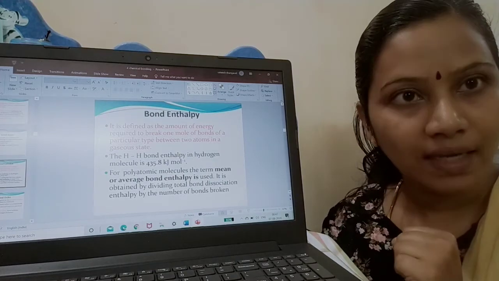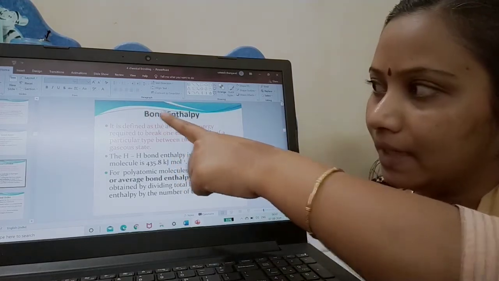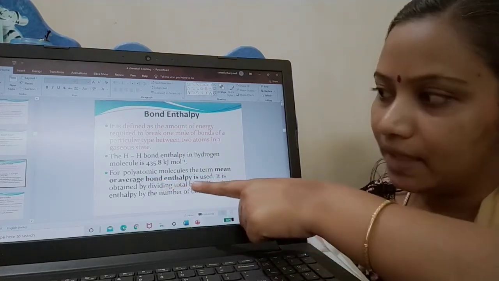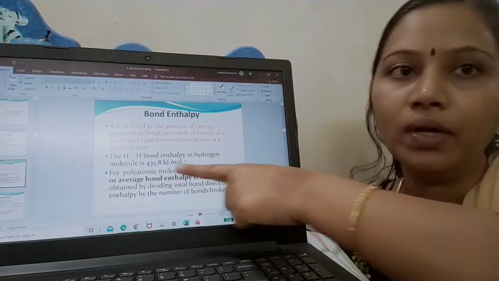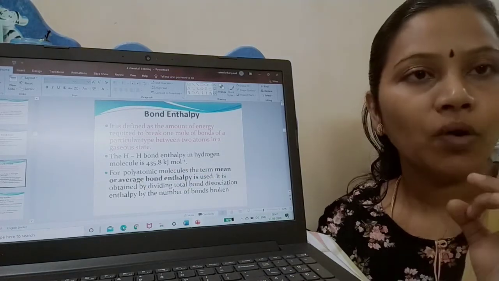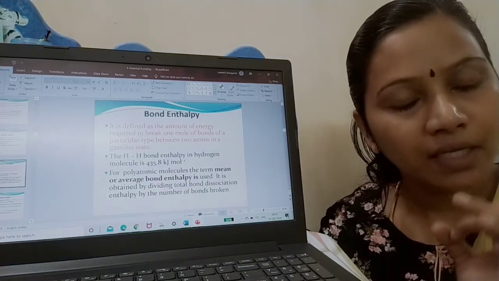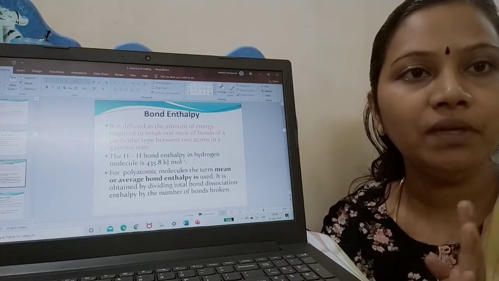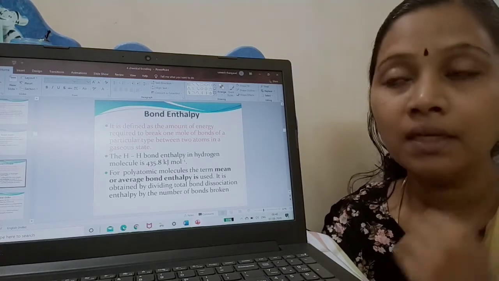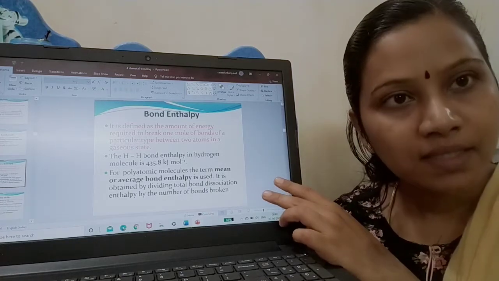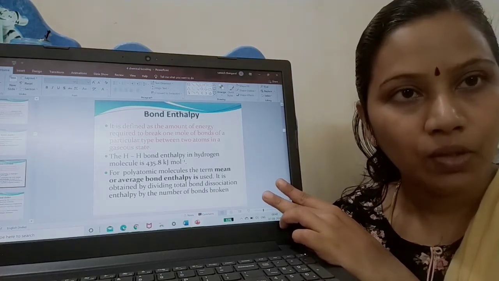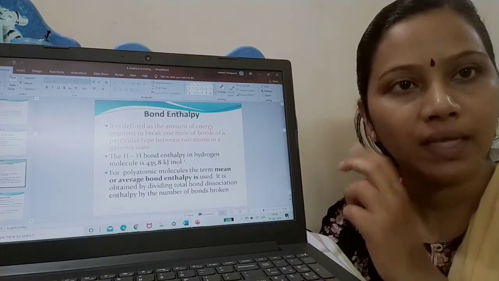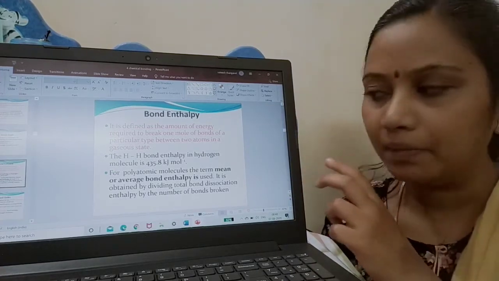In that case, the term bond enthalpy is replaced by average bond enthalpy or mean bond enthalpy. So bond enthalpy is the energy required to break a particular type of bond between two atoms in the gaseous state, but for a polyatomic molecule, instead of bond enthalpy, I will use mean bond enthalpy or average bond enthalpy.